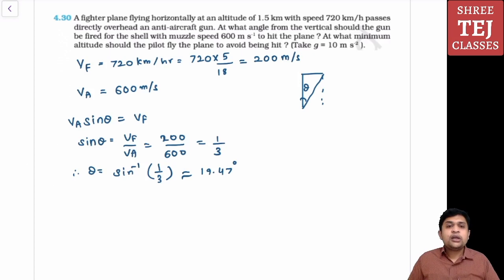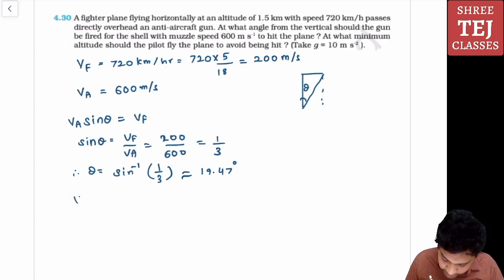Now we want to find the minimum altitude at which the pilot should fly the plane to avoid being hit. First, we will find the vertical component of the velocity.